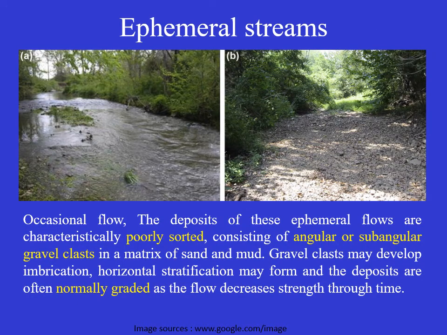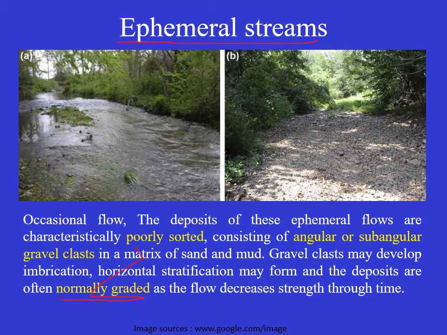Now, apart from the streams which supply continuous water, we know that there is another type of stream mainly found in the arid areas, which is known as ephemeral streams, in which there are very occasional flows. So these kinds of ephemeral streams deposit mainly some poorly sorted angular to subangular clasts. Often normal grading is found to occur there.